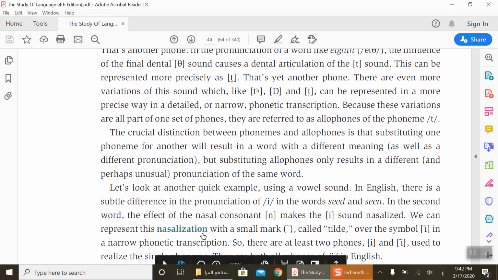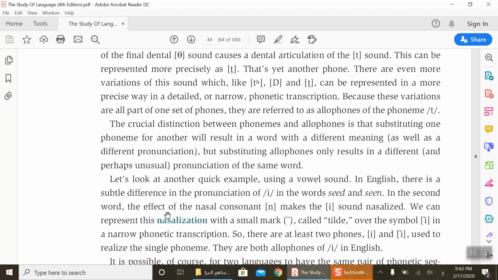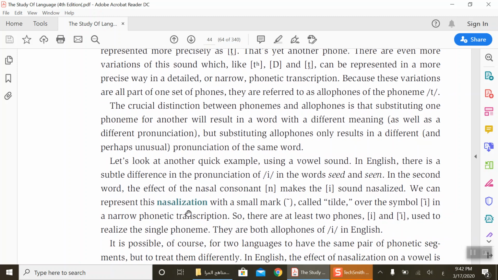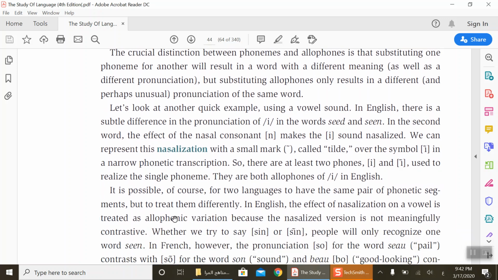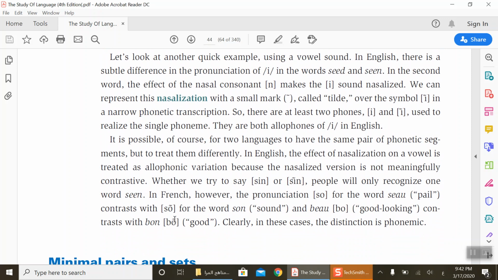Here we have another example about vowel sounds. We have nasalization. You can read what nasalization is and how some sounds are nasalized.